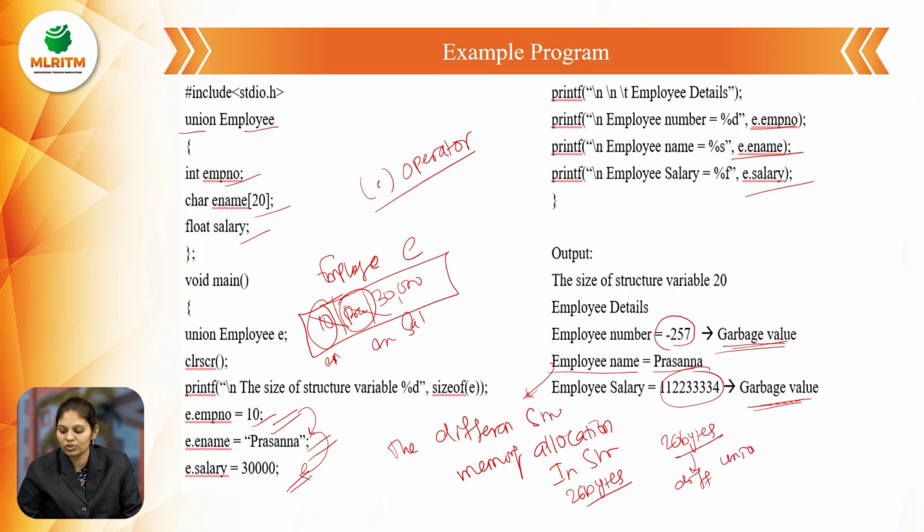In a structure we use the keyword struct, and in a union we use the keyword union. In both, the member access operator is the dot operator. For students, the main point of difference between structure and union is memory allocation.